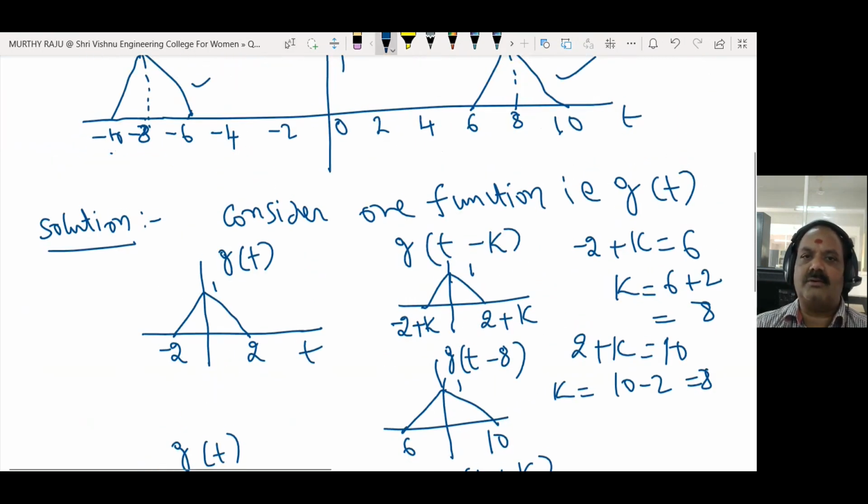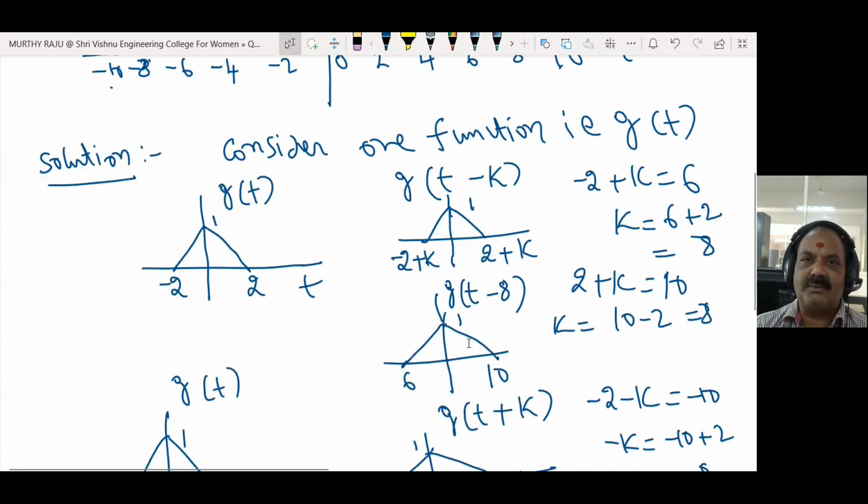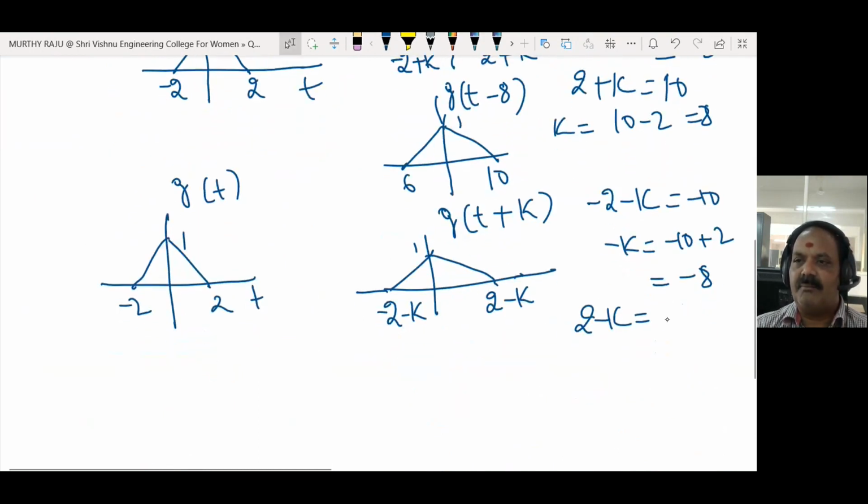Minus 2 minus k is equal to minus 10, so minus k is equal to minus 8. Similarly, 2 minus k is equal to minus 6, so minus k is equal to minus 8, and k is equal to 8.